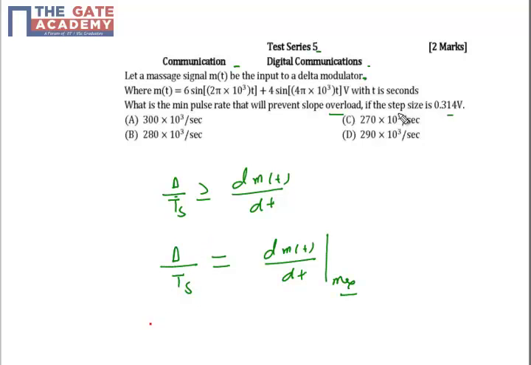So 1/Ts is fs, so Δ·fs is greater than or equal to |dm(t)/dt| max.